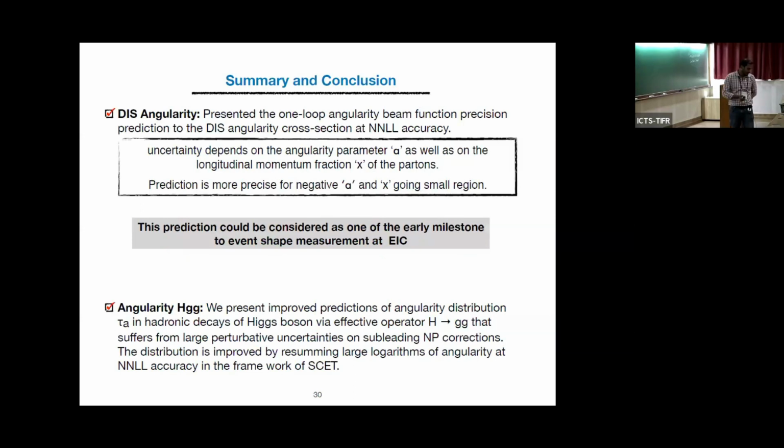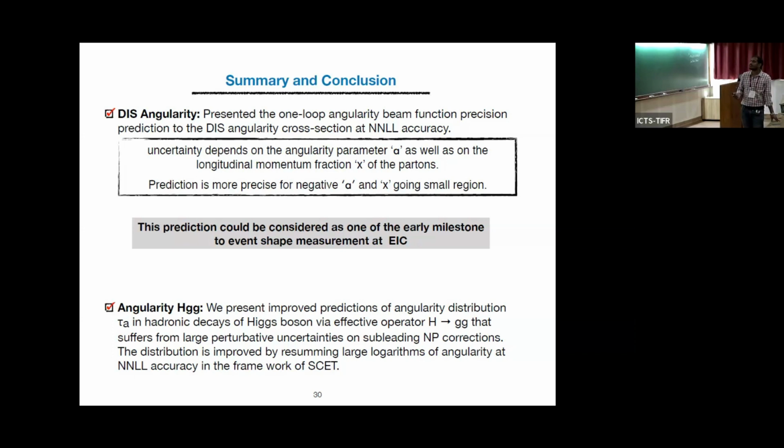Okay, summary. So far we addressed DIS angularity, and we have calculated up to next-to-next-to-leading logarithmic accuracy for the cross section, as well as the 1-loop beam function.